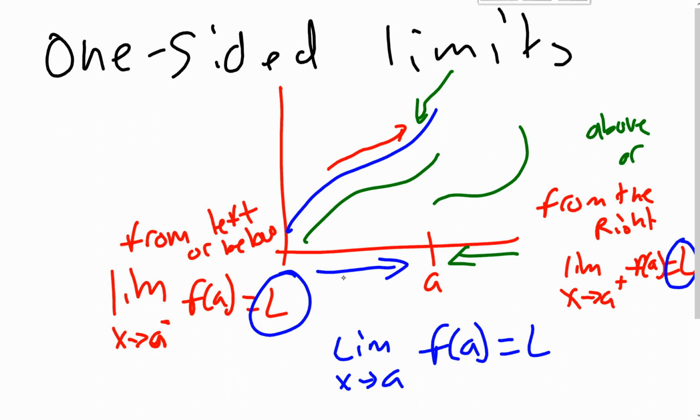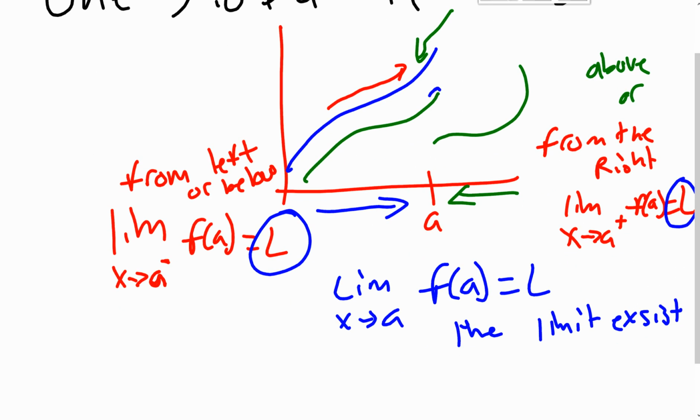So if those two are the same, then the limit does exist. If it doesn't, like this graph, if it goes to there on that point and down here, then the limit does not exist if they're not the same.